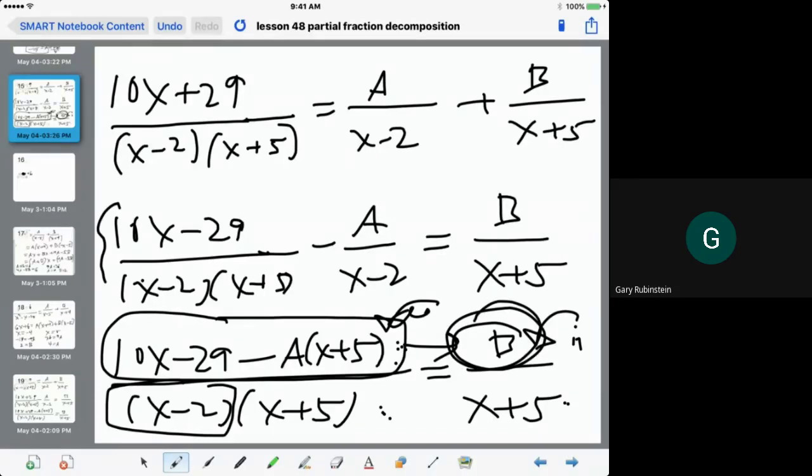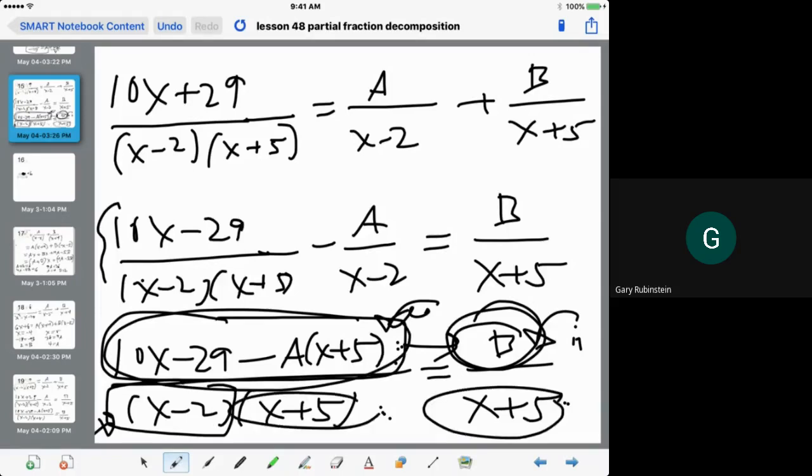But for that to happen, we would say that x minus 2 must be a factor of this thing. Because again, here's the x minus 5, that's this. So this divided by this must give me b. But that can only happen if x minus 2 is a factor of this thing.